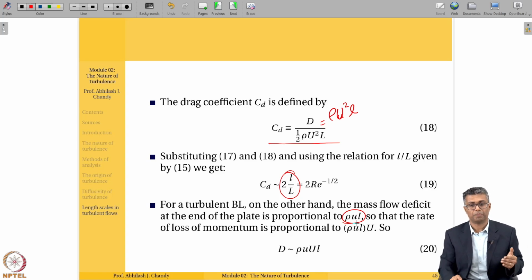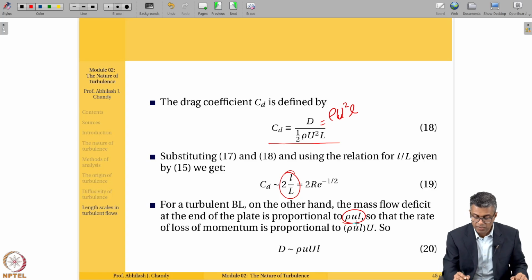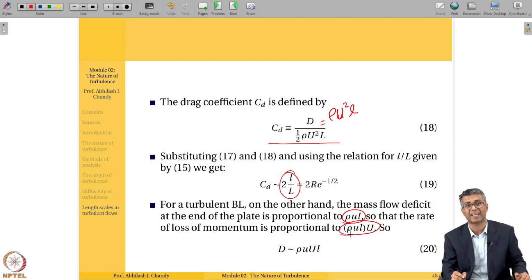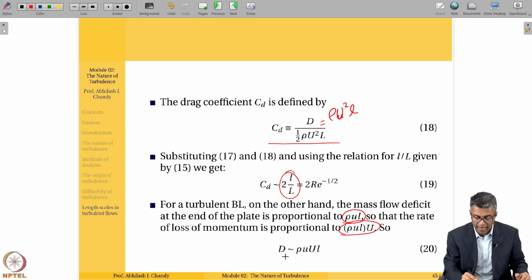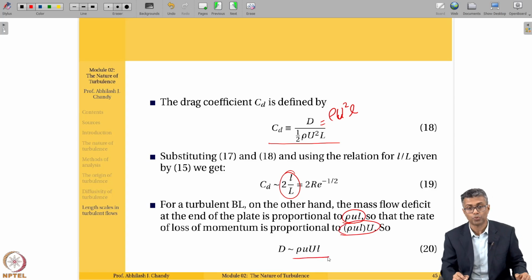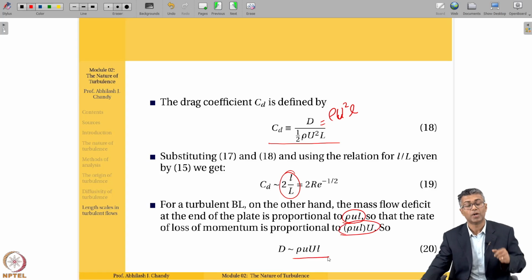In the same way, the mass flow deficit at the end of the plate is related to rho u l, which means the momentum deficit, which is what the drag is. The momentum deficit is the loss of momentum, proportional to rho u l times capital U. So the drag is of the order of magnitude of rho u l U. There's a velocity fluctuation in there, and there's a free stream velocity also in there. So that is the drag force now.